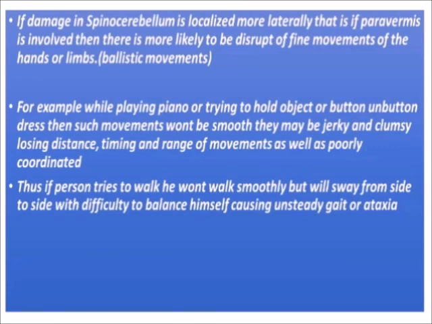For example, while playing piano or trying to hold objects or unbutton his dress, such movements won't be smooth. They may be jerky and clumsy, losing distance, timing and range of movements, as well as poorly coordinated. Thus, if the person tries to walk, he won't walk smoothly, but will sway from side to side with difficulty to balance himself, causing unsteady gait or ataxia.